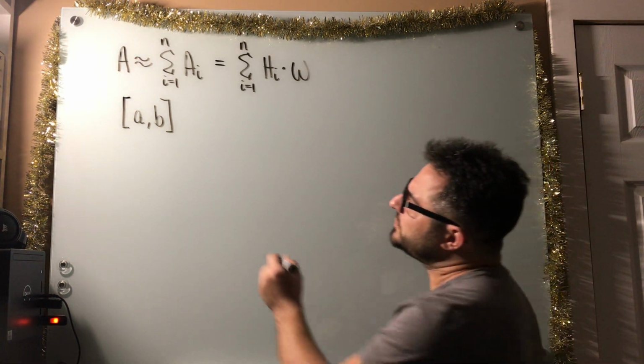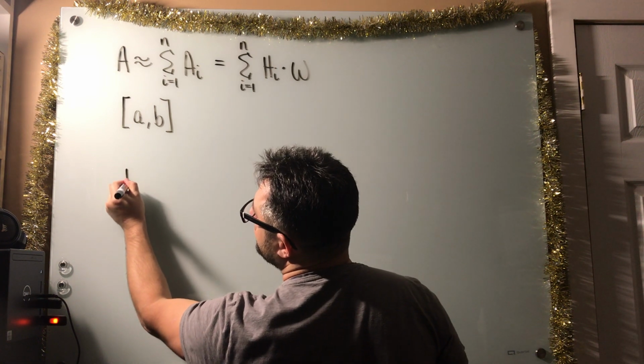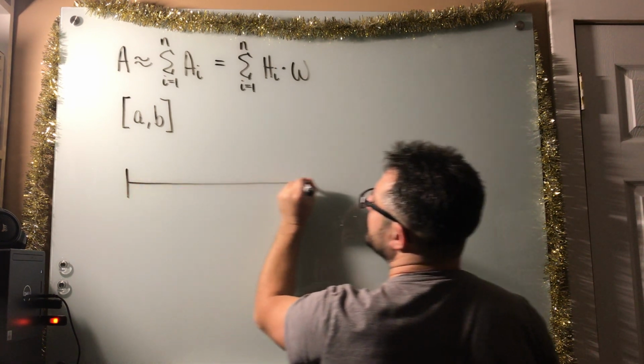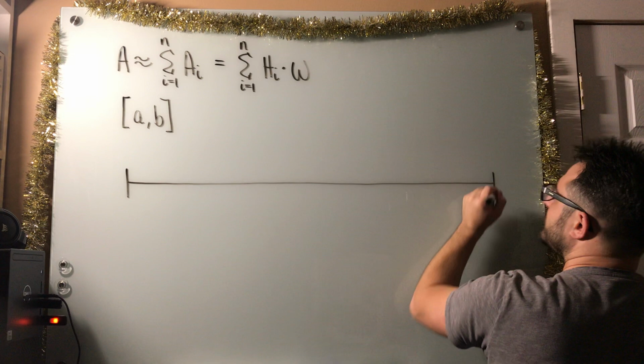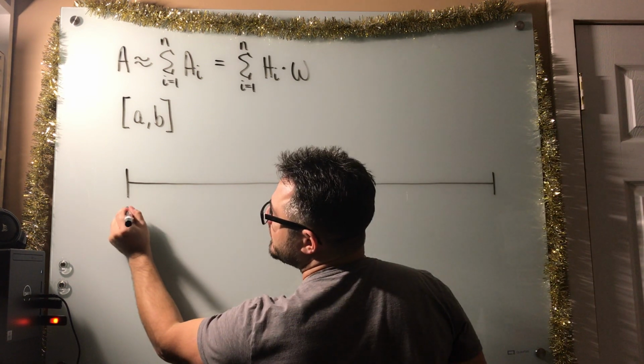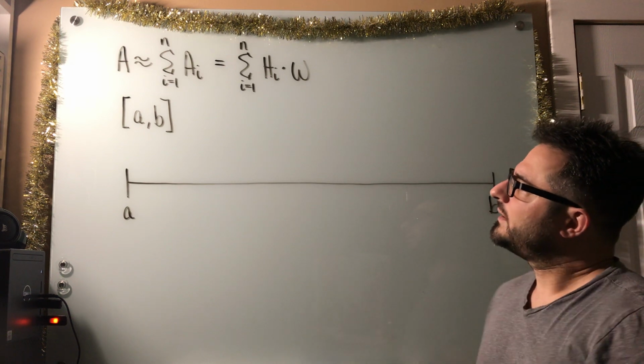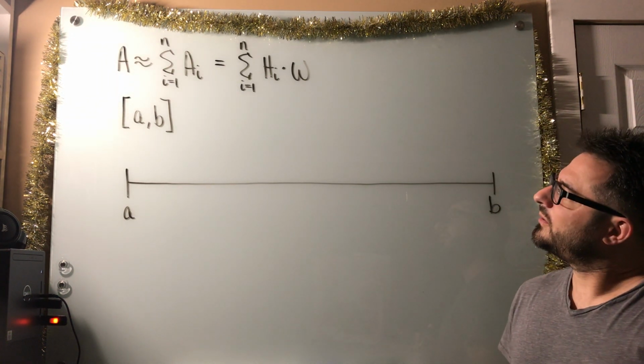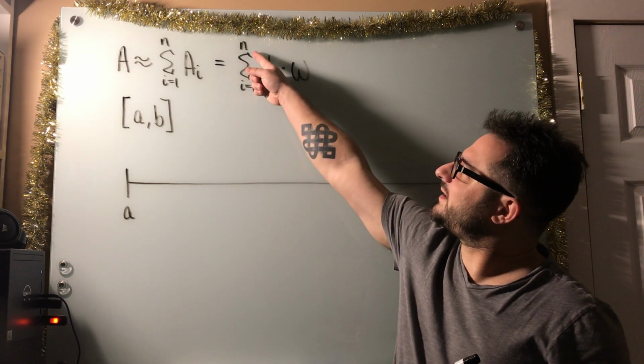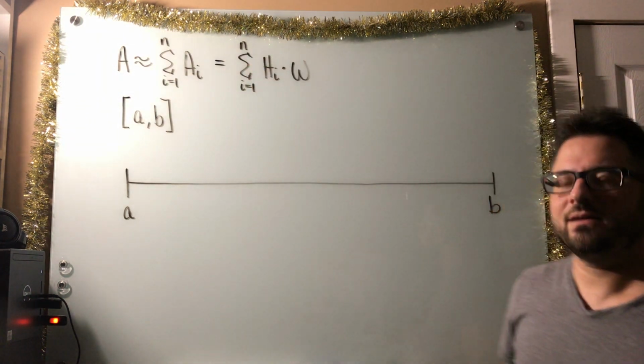Now, what I'm going to do is draw out a portion of the number line whose left endpoint is A and whose right endpoint is B. Now, we're going to subdivide it into n intervals.